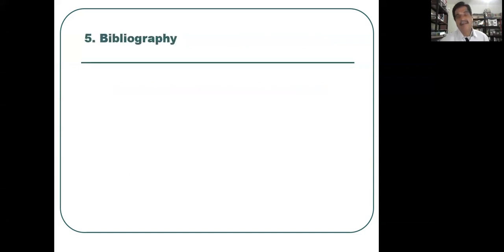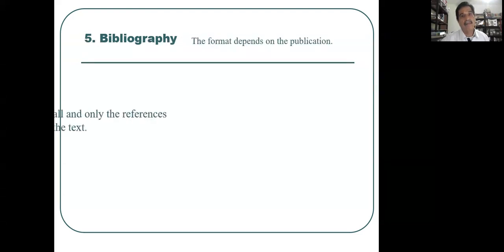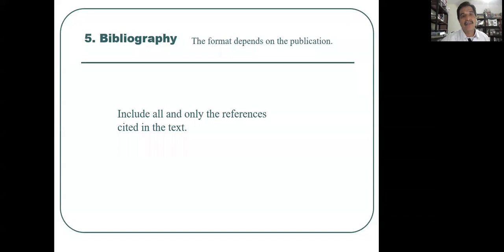And finally, bibliography. This is something that we need to insist on. It's similar to what we said about the figures and tables, right? If you present a bibliography, that means that it has to be included as a reference in the text. It has to be cited in the text.